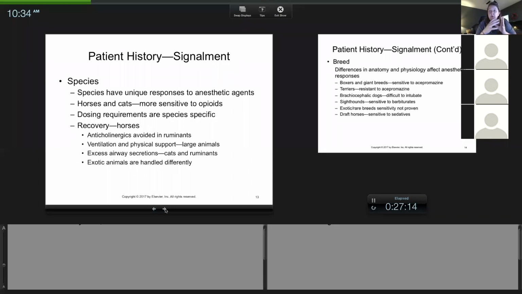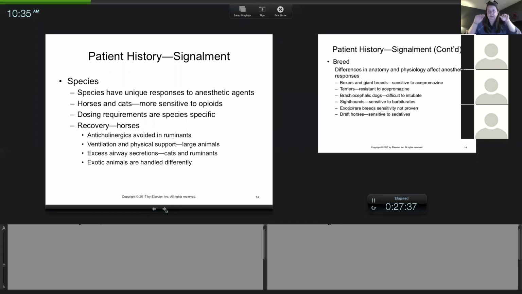So in those species, there are other drugs that we can use. We can still give horses and cats pain medications. We're going to choose a different medication. Dosing is different. I will tell you, cows and horses, xylazine is a drug that we use. It's called an alpha-2.